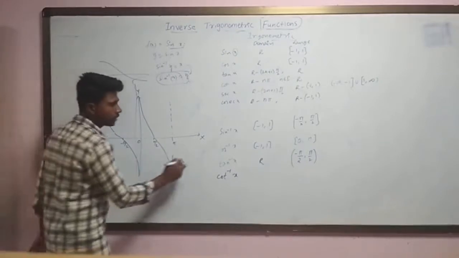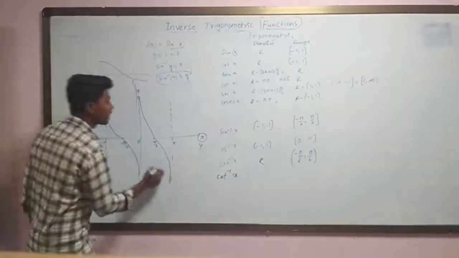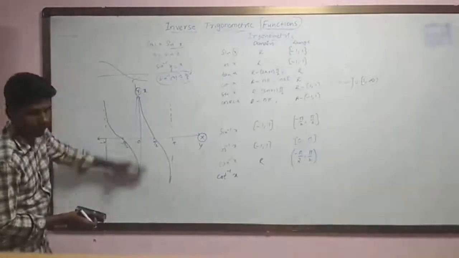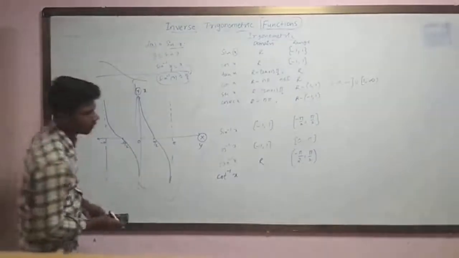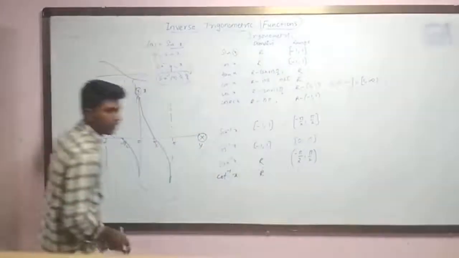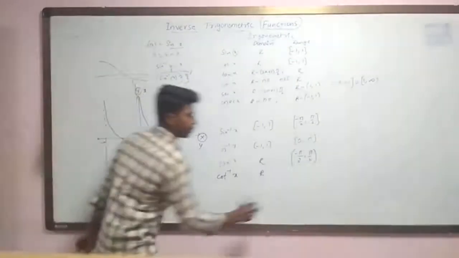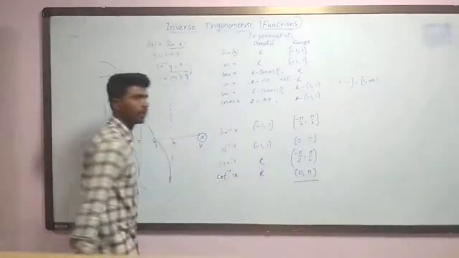To find the domain and range of cot inverse, we change x as y and y as x. The values of x are all real numbers, and the values of y are from 0 to pi, with 0 and pi not included.